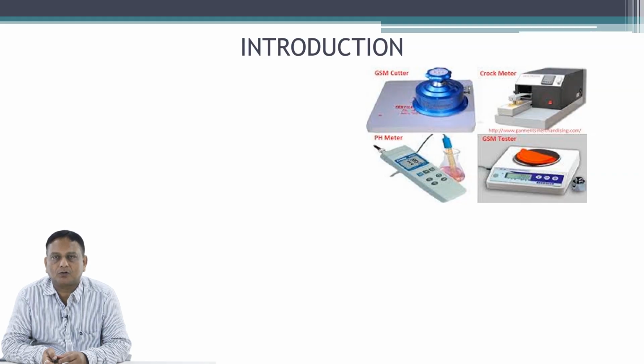The second picture talks about colorfastness to rubbing. Then comes colorfastness to different types of washing, and how the pH behaves in the garment, that is, what the acidity or alkalinity level in the garment is. Then we have the electronic balance, which is used for many other purposes.